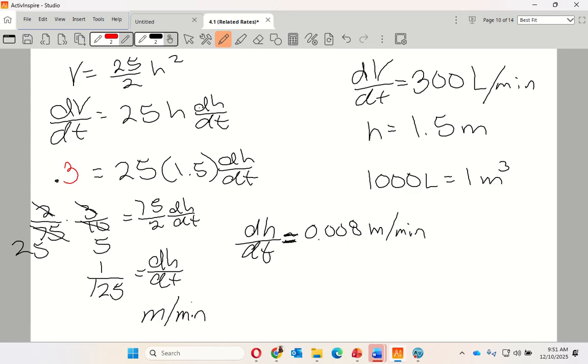So as I'm pumping water into this pool, the height of the pool is going up by 0.008 meters every minute. Anyone ever try to fill up a pool? It takes a very, very long time, especially if you use the garden hose. So that seems appropriate.